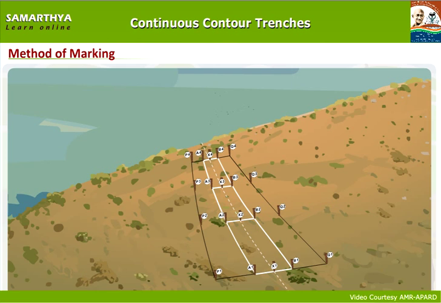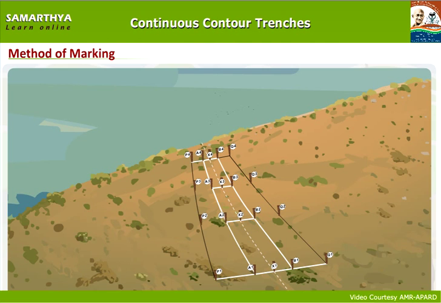Draw a line along the thread which tied A1 and P1 using lime powder. Draw a line along the thread which tied B1 and Q1 using lime powder. Draw a line along the thread which tied A4 and P4 using lime powder.